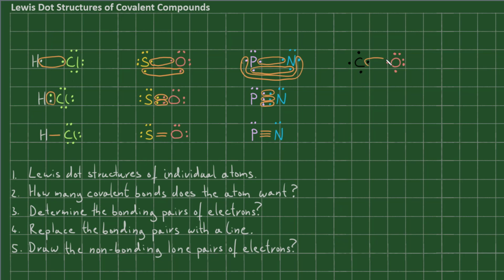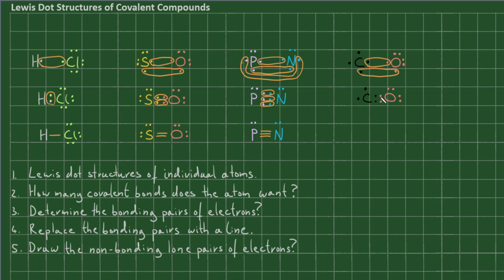So maybe these 2 electrons will pair up to form a bond, and then these 2 electrons will pair up to form a bond. Let me write what we have so far. Here is the carbon, and here is the oxygen. And here are the 2 pairs of shared electrons. What about the other electrons? Well, let me bring them in as well.